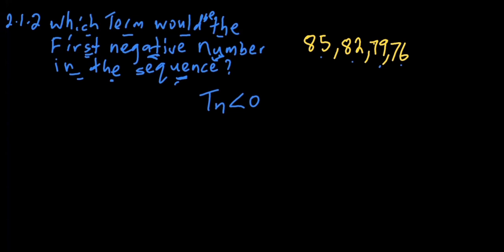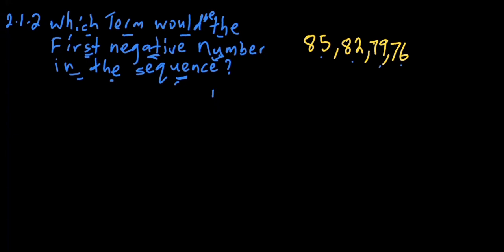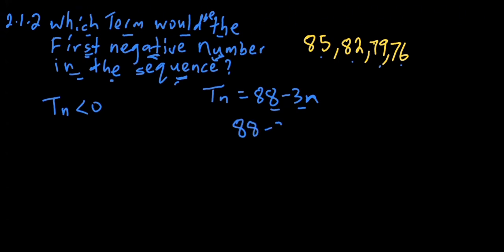Remember the expression we had: Tn is equal to 88 minus 3n. Because we have set Tn to be less than 0, we can take 88 minus 3n to be less than 0.